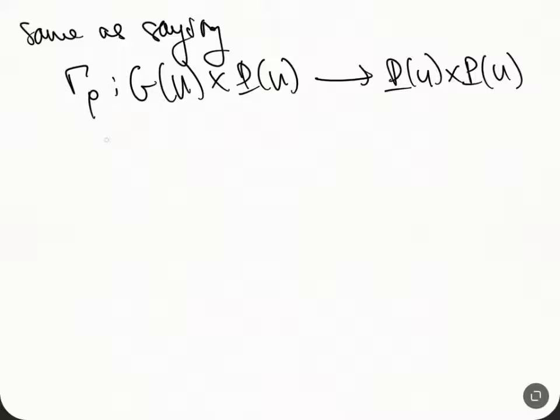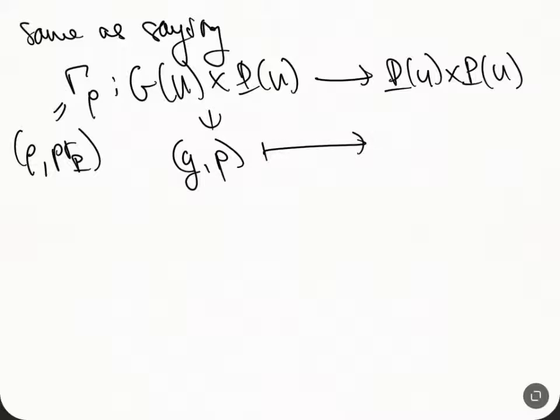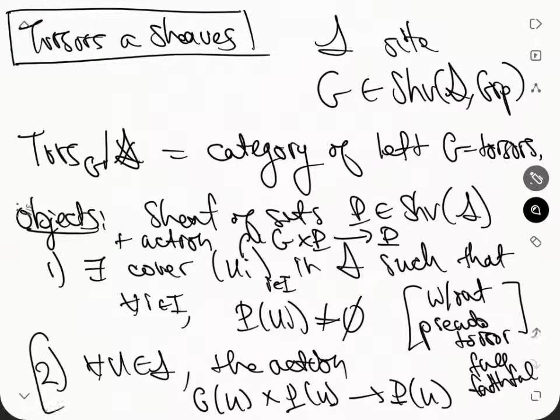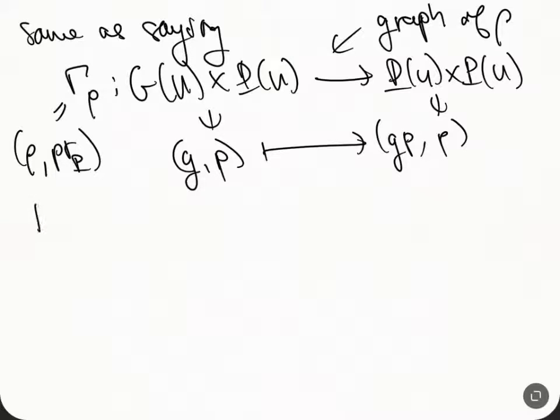This is equal to rho with the projection onto P. What it does is it takes a g and a p, acts, and then projects onto P. So this is the graph of rho. What I was saying is that this full and faithful condition is the same thing as this being an isomorphism, a bijection.